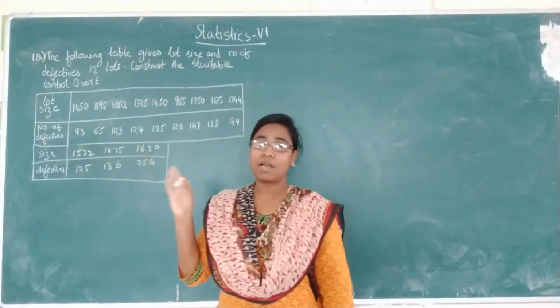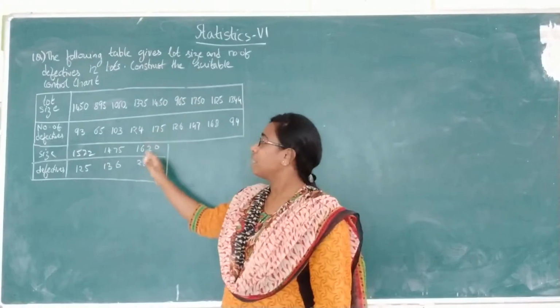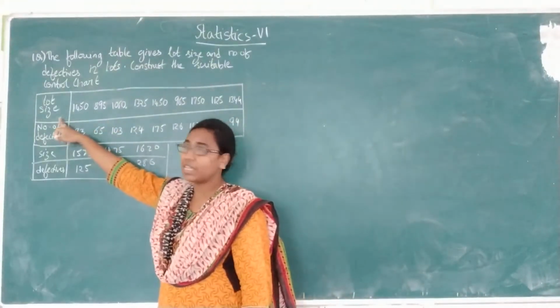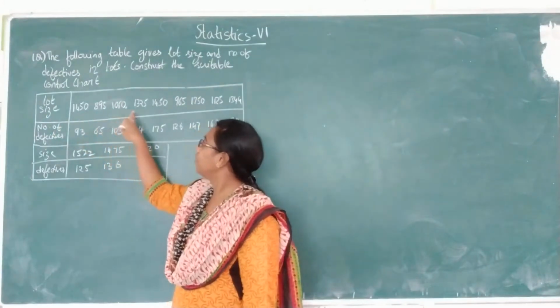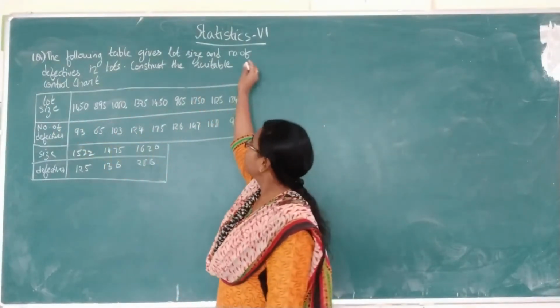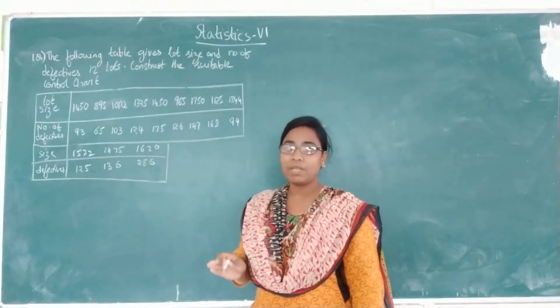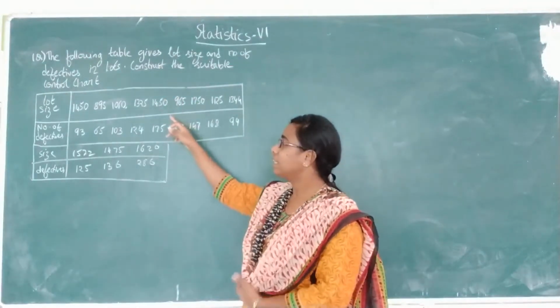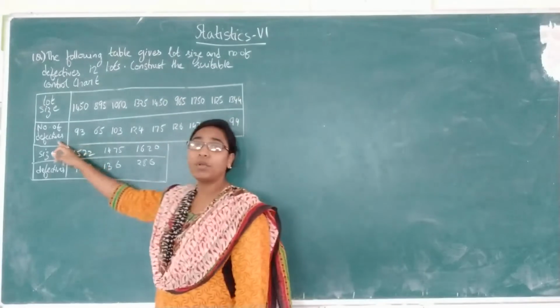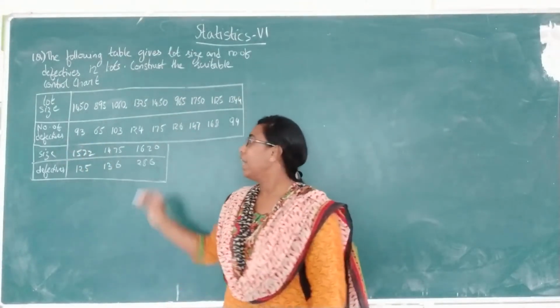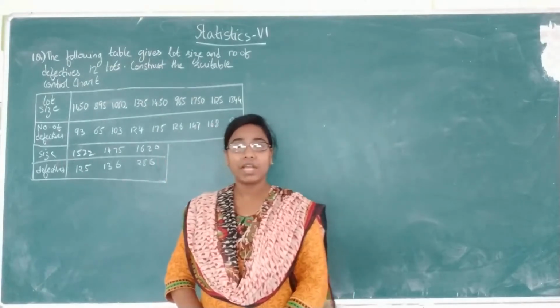No specific sample size is there; for every sample, a different sample size is given. In total there are 12 lots, so for 12 lots there are 12 different sample sizes, and for each sample the number of defectives, that is Di values, and lot size, that is Ni values, are given.